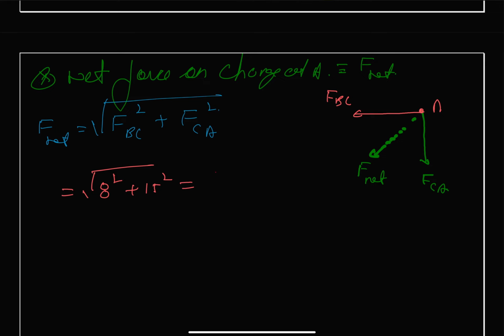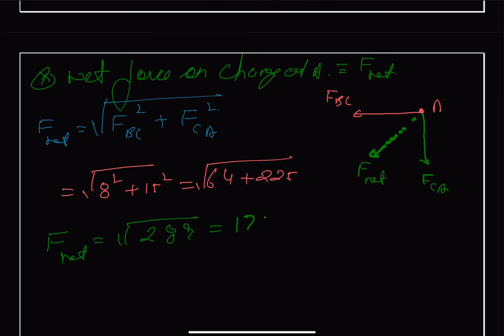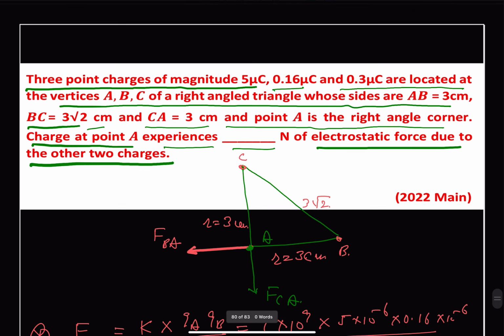Its square root gives us our net force F net will be equal to square root of 289, which gives us 17 Newton. So we have a force of 17 Newton.